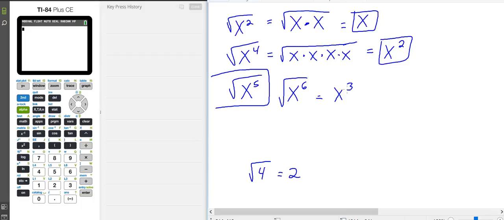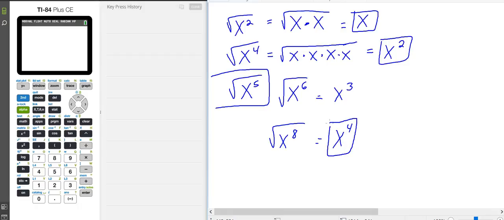Let's try another one. What is the square root of x to the eighth? Is there some number we can multiply by itself to give us x to the eighth? And there is. If we multiply x to the fourth by x to the fourth, we'll get x to the eighth. So the square root of x to the eighth is x to the fourth.